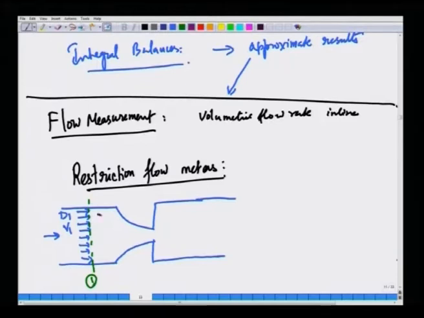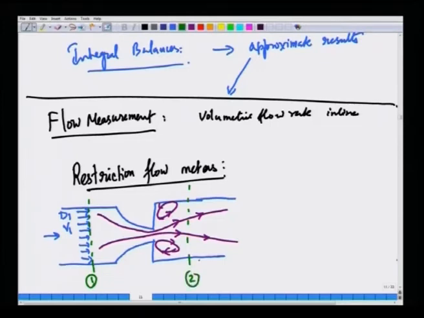I am typically drawing, it is going to expand slowly, and there will be recirculating zones. Now, we can put the control surface, the station 2, somewhere here, where the fluid velocity is uniform in this direction, and it is flowing through. Let me also draw the streamline that separates, in red.